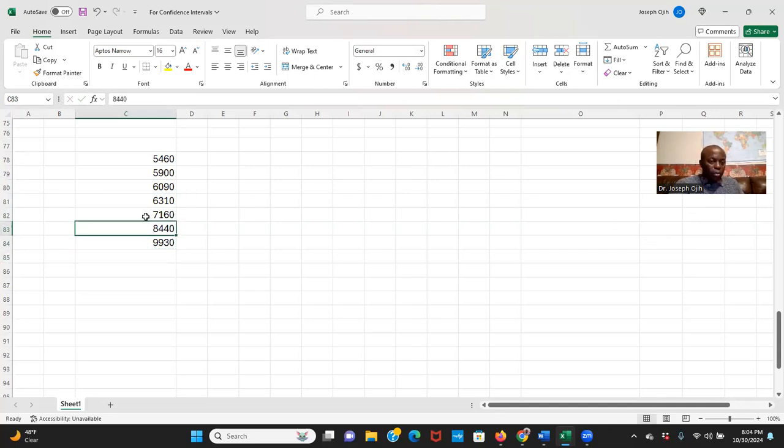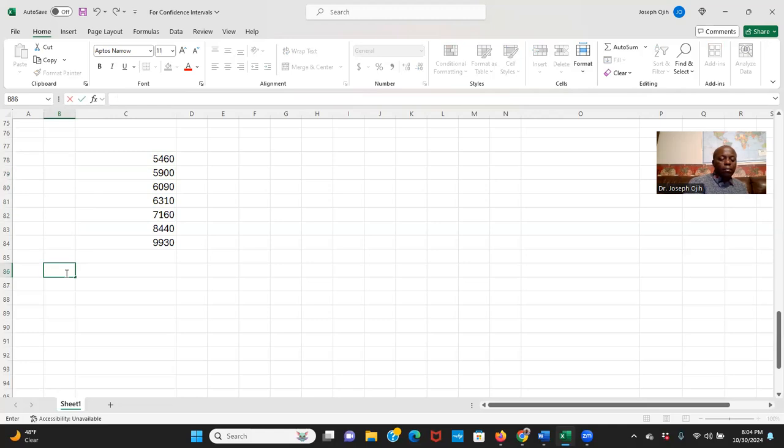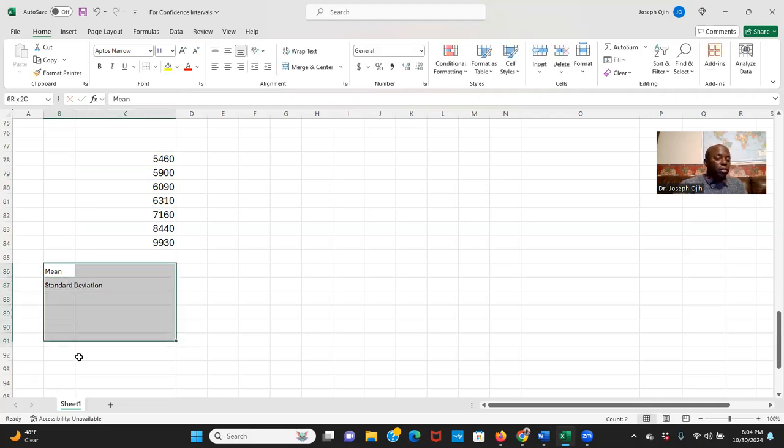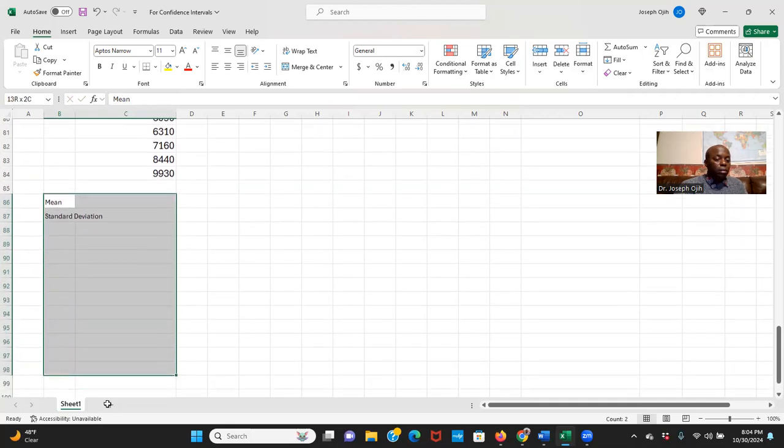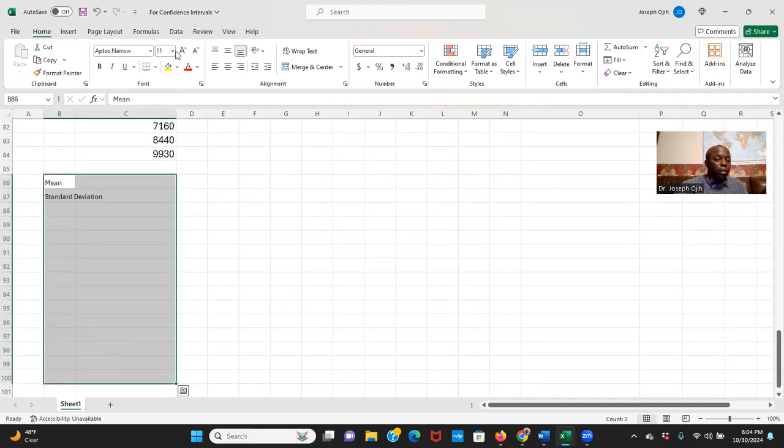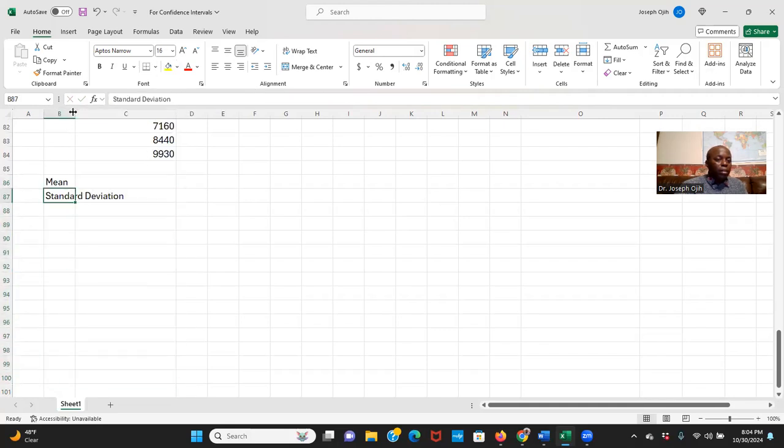So 1, 2, 3, 4, 5, 6, 7. We're going to calculate the mean, and we calculate the sample standard deviation, and then we use them to find all this.